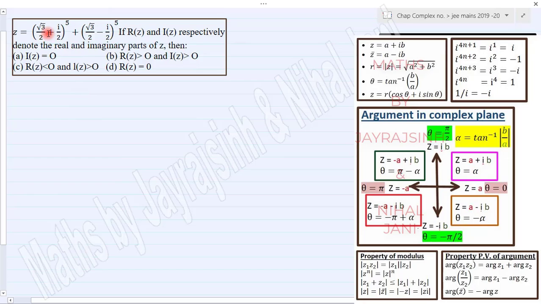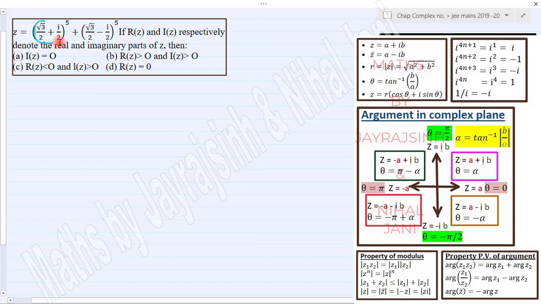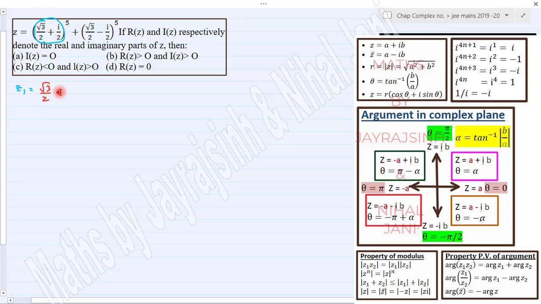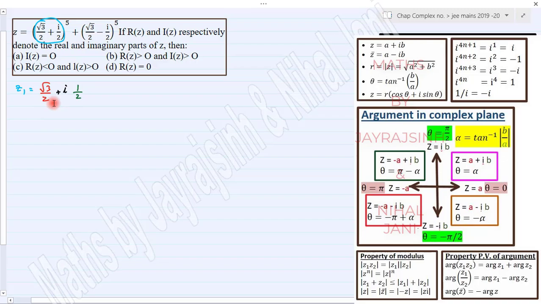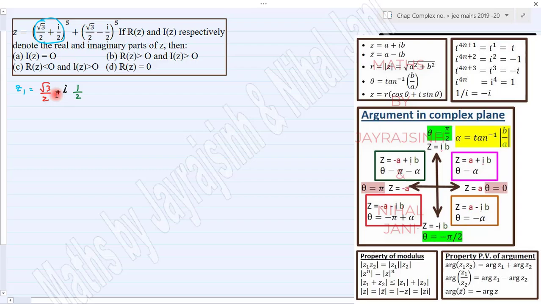Your complex number z is a combination of two complex numbers. We have to simplify and get the real part as well as the imaginary part. So first of all, let's try to simplify our first complex number. Let's say it is z1. Real part is root 3 by 2 and imaginary part is 1 by 2. To get z1 raised to 5, we have to convert this into polar form.